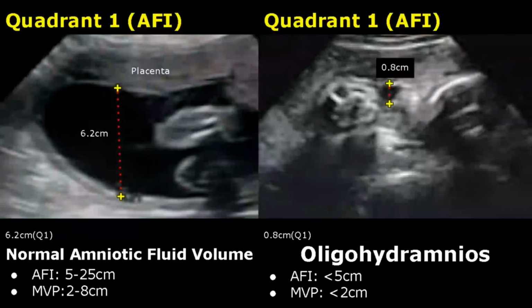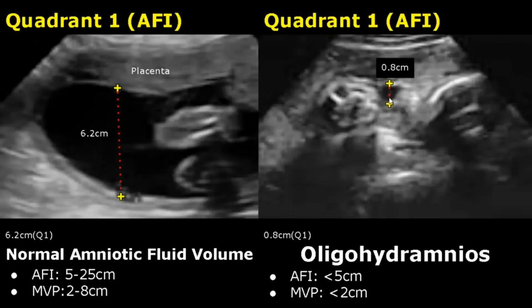Now we will compare normal fluid levels with oligohydramnios using amniotic fluid index method. This is quadrant 1. The deepest pocket measures 6.2 centimeters in quadrant 1 and over here is oligohydramnios. There is a small area of fluid.